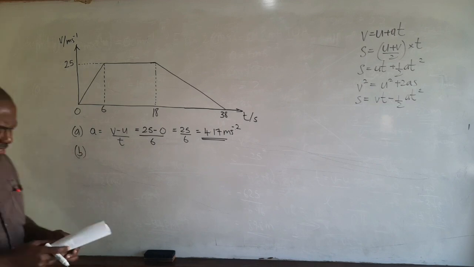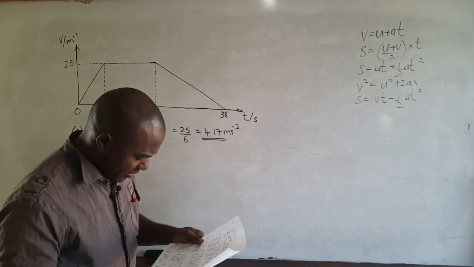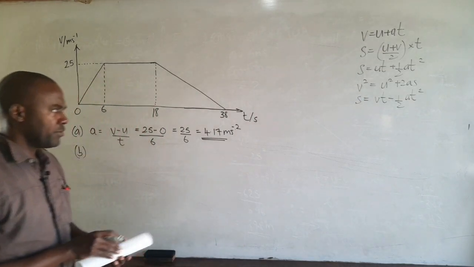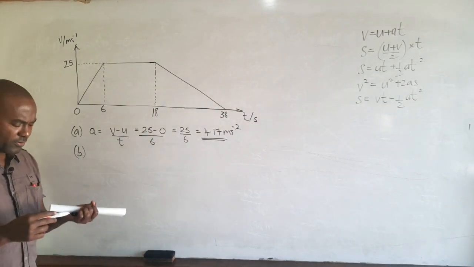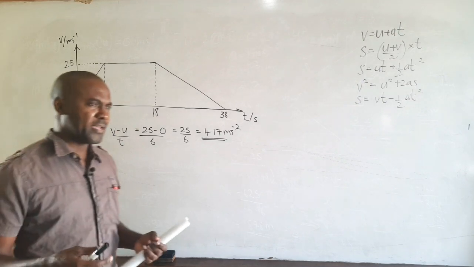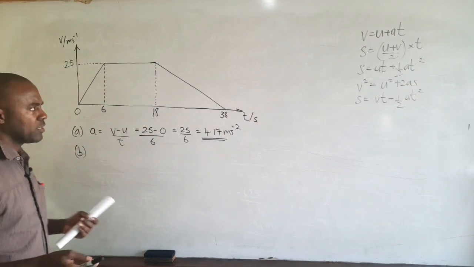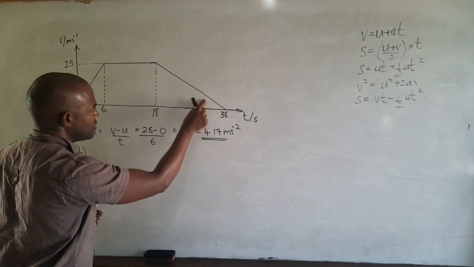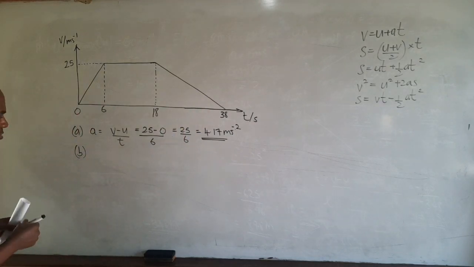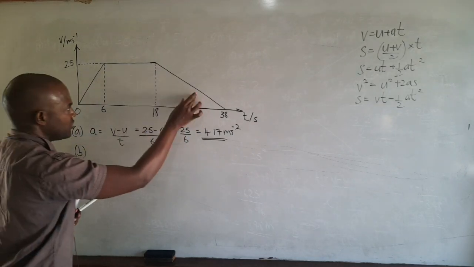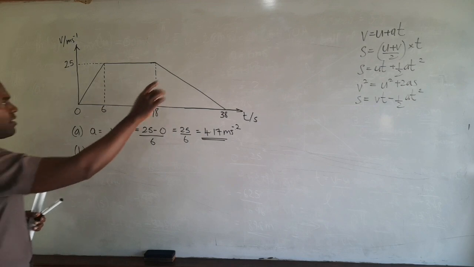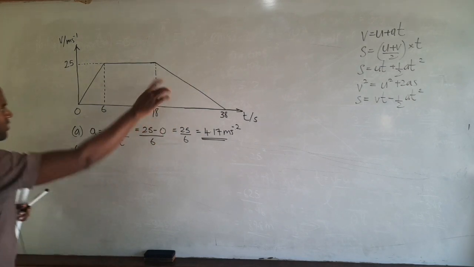Part B. So part B asks us to calculate the final retardation. Now retardation is another word for deceleration, which of course implies that the body is slowing down. And that corresponds to this region here. So the final retardation is obtained from this region. But of course we first calculate the acceleration for that region.